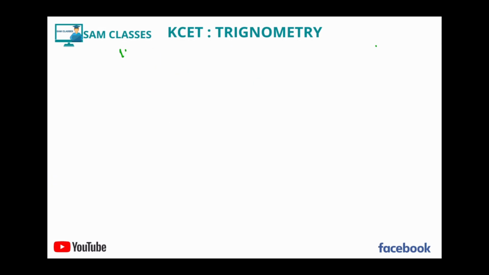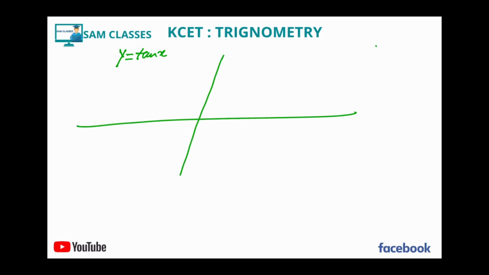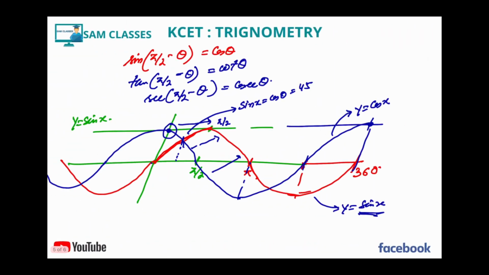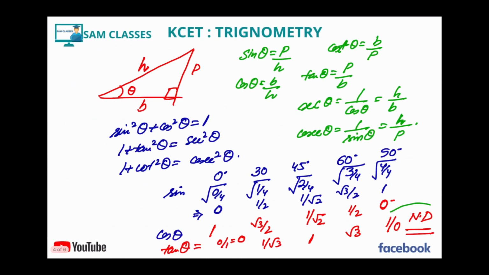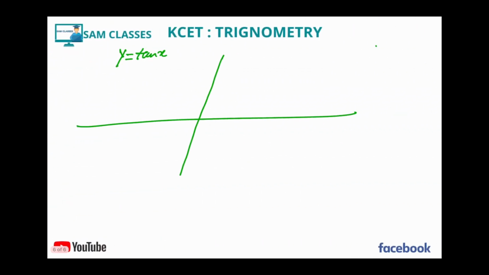Now let's see about tan, cot and sec. Now if you see the graph y is equal to tan x, student, we need to understand tan x is a very simple graph. A lot of students get confused. So what you have to see, you need to understand the value at 90 is not defined. Means 1 by 0 is what, student? Infinity. And this is positive infinity because in the first quadrant tan is positive, correct. So at 90, pi by 2, it comes from infinity.